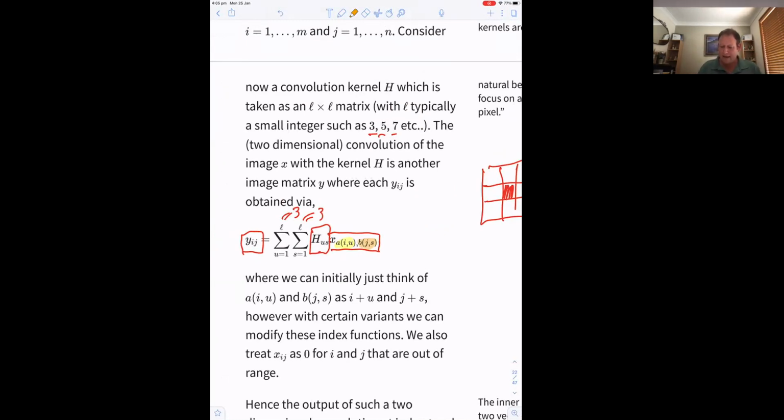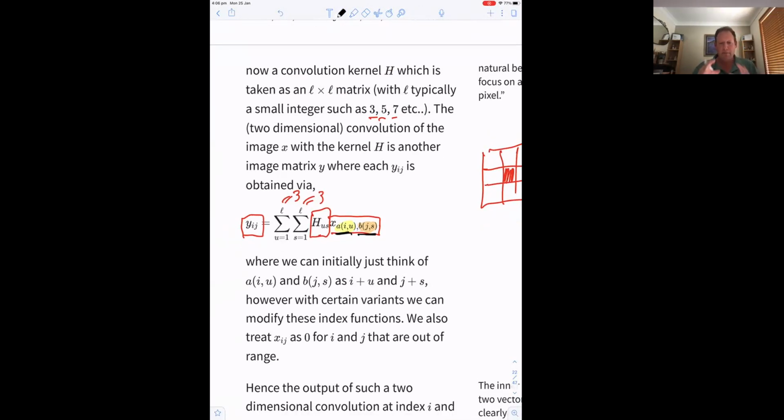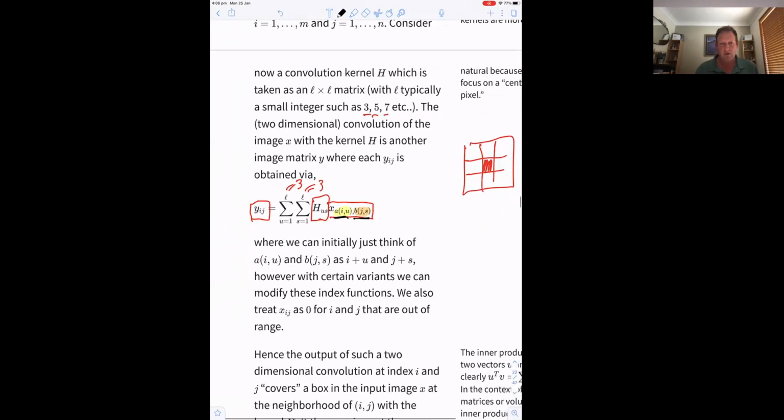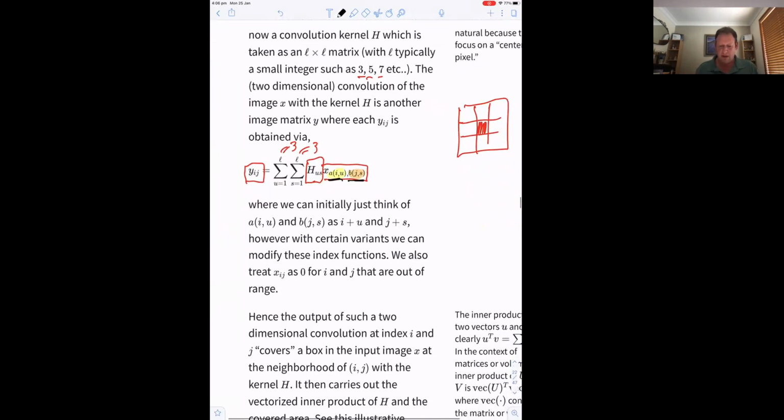We write it like this because image convolutions come in different flavors, with different parameters that affect these integer functions A and B. Writing mathematically how they affect it is not so important once we understand. You need to write it if you're coding a convolutional implementation of a deep neural network, but you're not going to implement a convolutional deep neural network from first principles. There's not a whole lot of reason to do that.